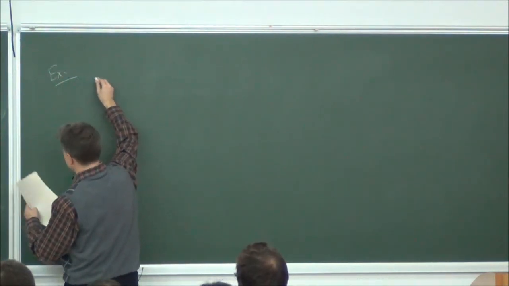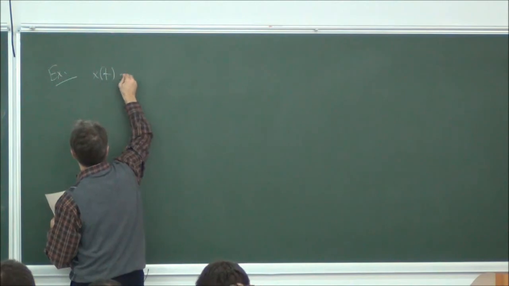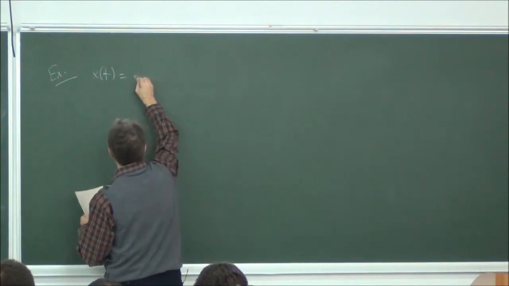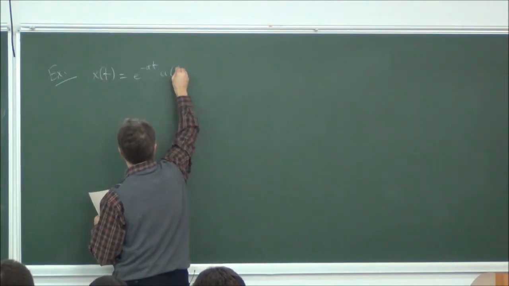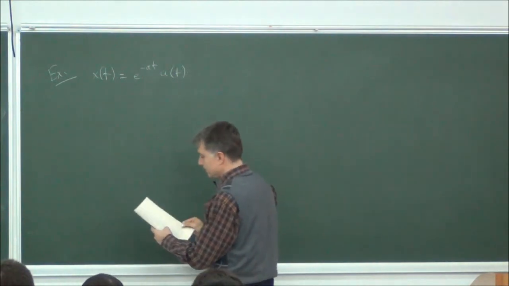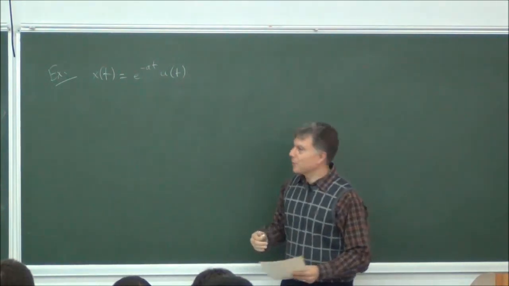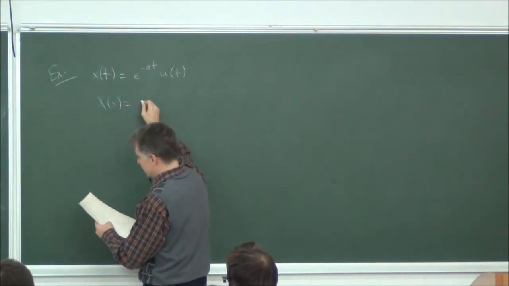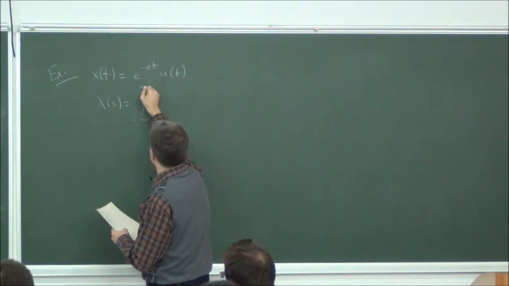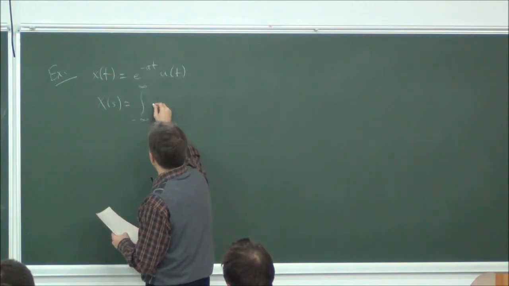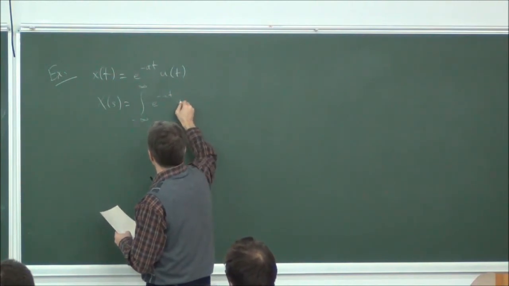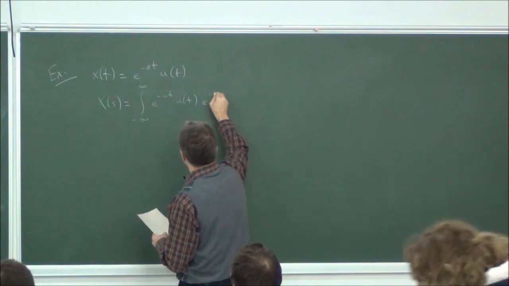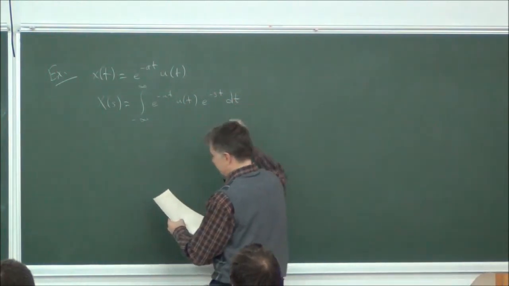Let's see this example, which is the trivial case, e to the minus at u of t. What is the Laplace transform of this one? That is X of s equal to the integral from minus infinity to infinity of x of t, which is e to the minus at u of t, times e to the minus st dt.